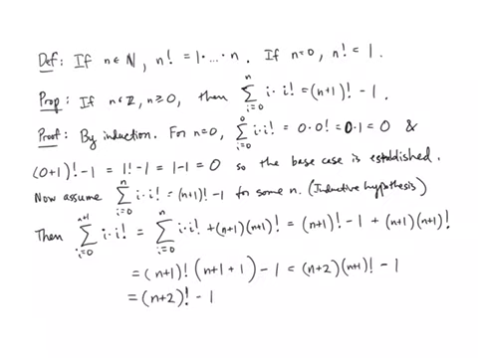Right, and then minus 1. Just to be explicit about this, the right-hand side of our p sub n plus 1 statement would say n plus 1 factorial minus 1. And that's exactly what we have here. So n plus 2 is just n plus 1 plus 1, so we have that factorial minus 1.